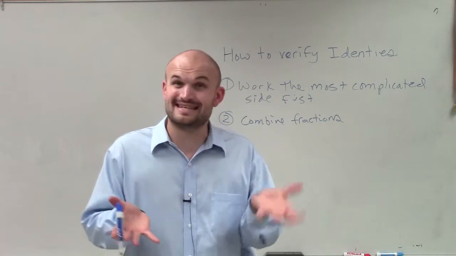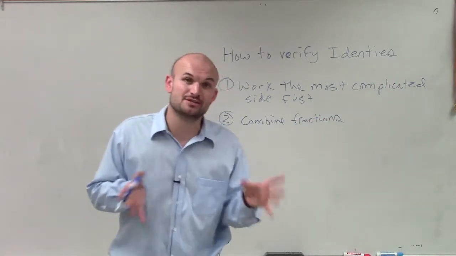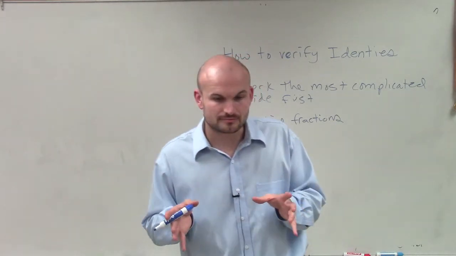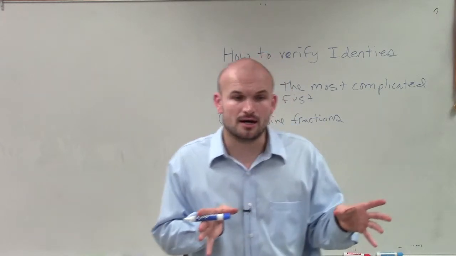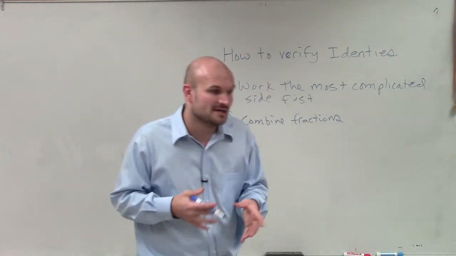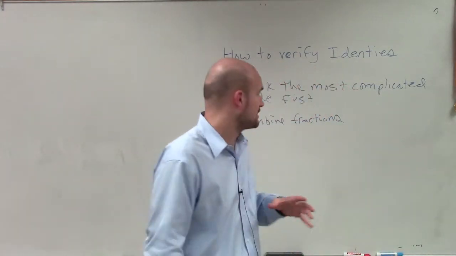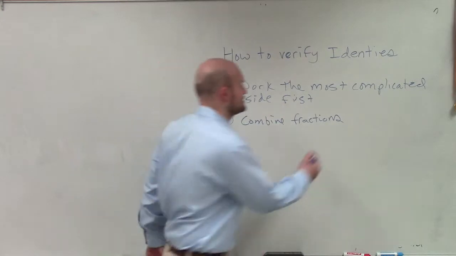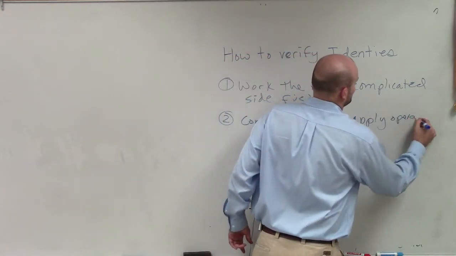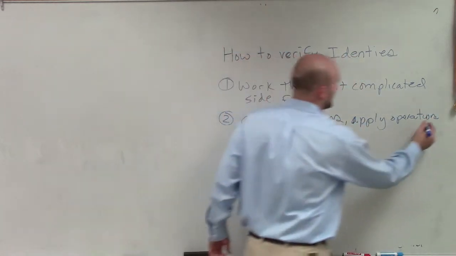A lot of times if you have a denominator but the other side doesn't have a denominator, then try to work it into a monomial denominator, or try to get your denominator off the bottom. So there's a lot of different steps that you can go through. So combine fractions, apply your operations.